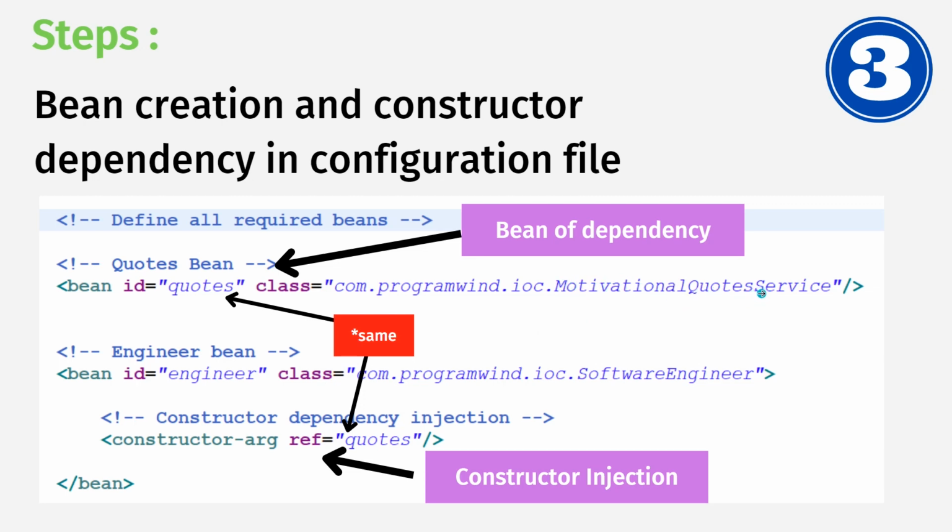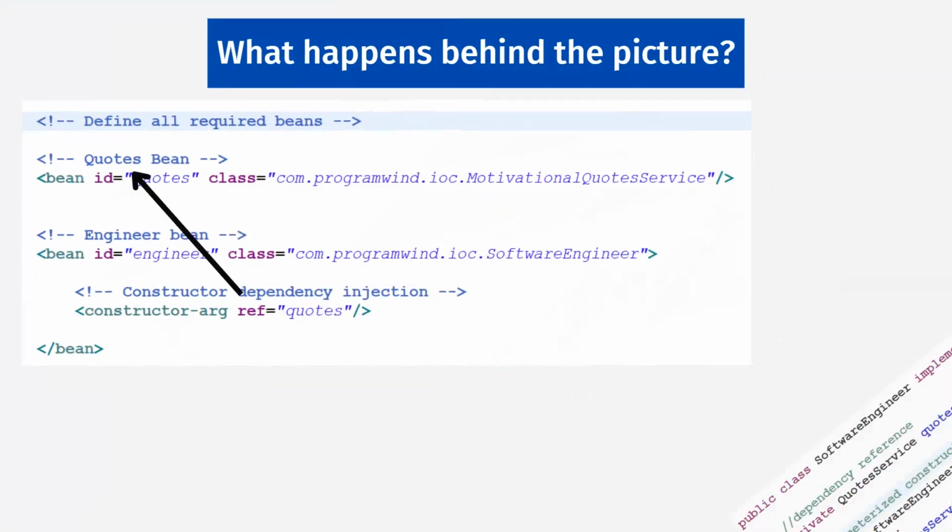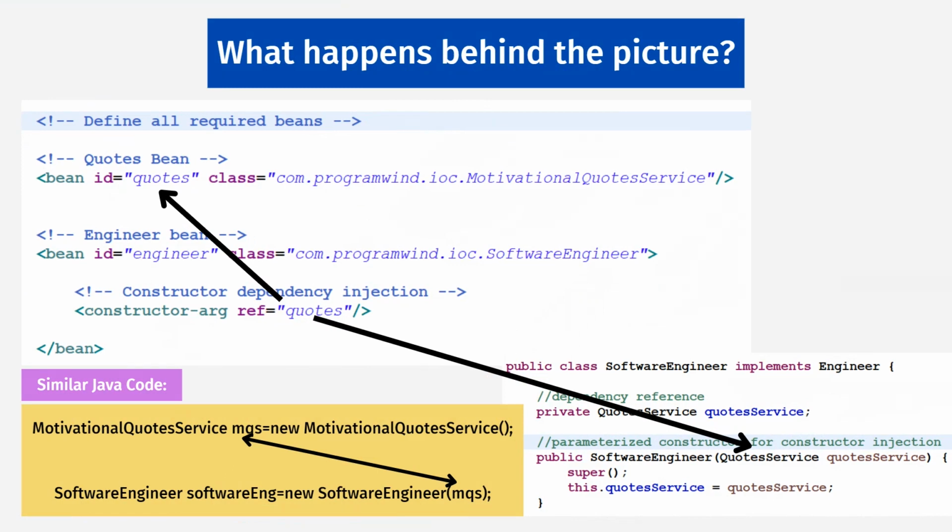Okay, so this is how constructor-based injection, this constructor injection, is getting used. We are passing a constructor argument and our software engineer's dependency will get initialized by the same. The next slide will cover a high-level view of what's actually happening behind the scenes of this picture.